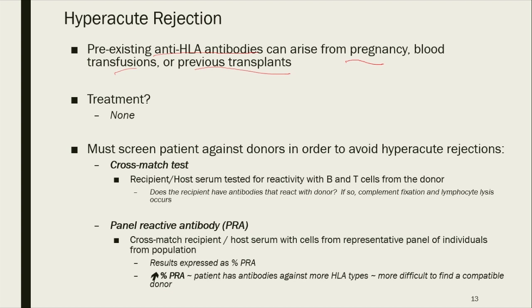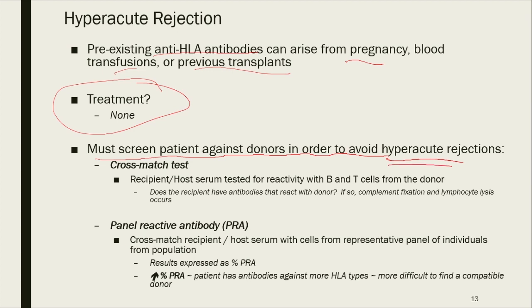Are there any treatments? No, because it is a very serious one. Okay, and it also happens very quickly, and at that point you really just have to extract the organ. Otherwise, it would lead to pretty bad situations. So what you can do to prevent this from happening is you must screen patients against donors in order to avoid hyperacute rejection.